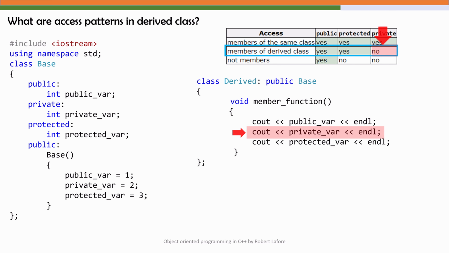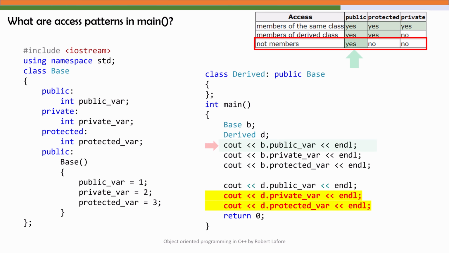So these are completely hidden from outside access, even from the subclasses. The last line prints protected_var. This is allowed because protected members of the base class are accessible in derived classes. However, they are not accessible to the objects of the derived class from the outside.